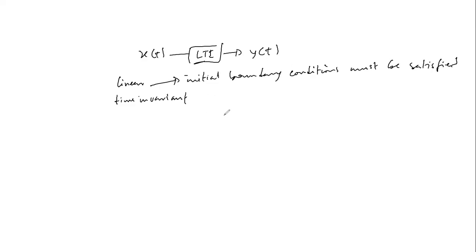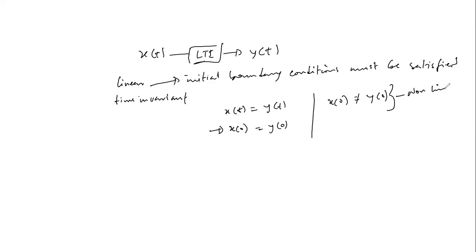That is, s of t must be the same as y of t, so that s of 0, being the initial condition, must be the same as y of 0. Now, if s of 0 is not the same as y of 0, then we'll say this system is non-linear.